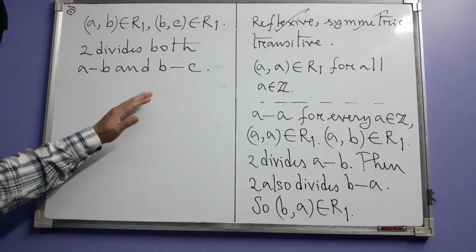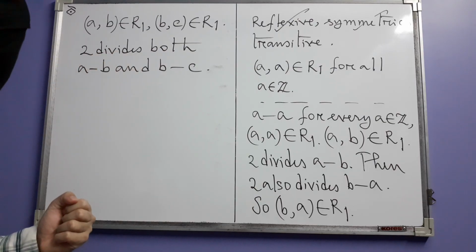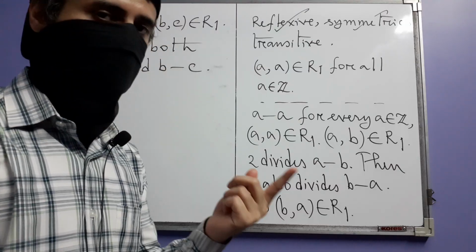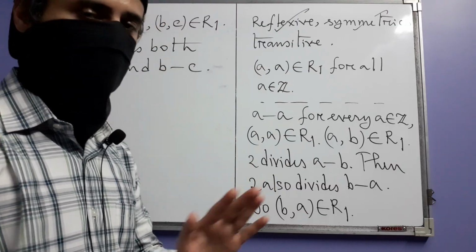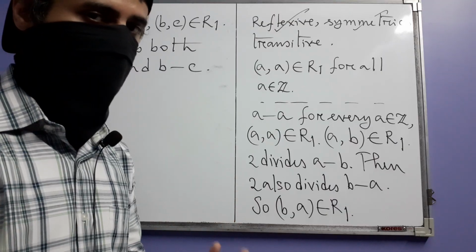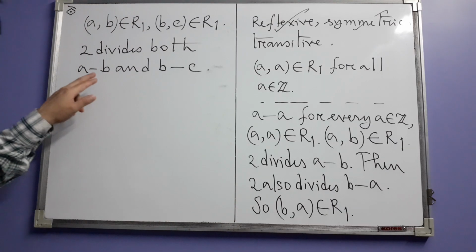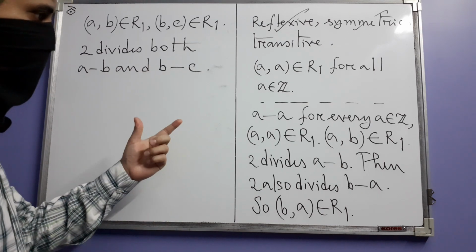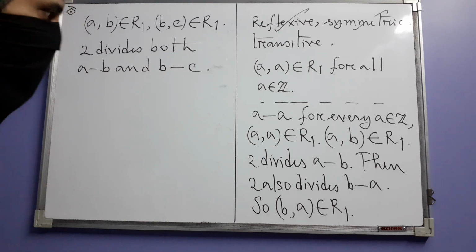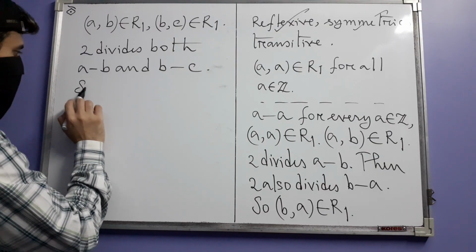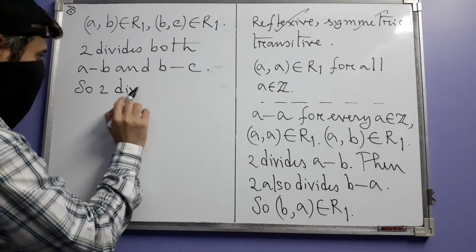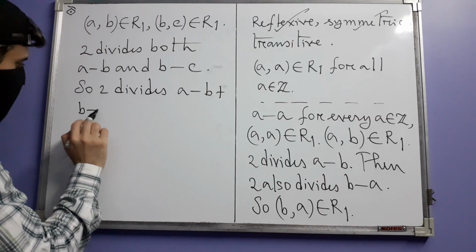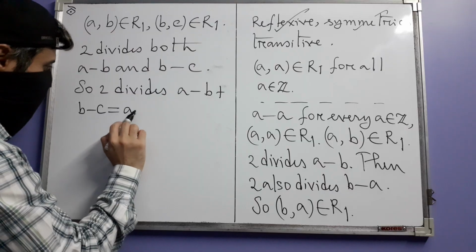Actually, there is another way of expressing this sentence, or in fact the definition of the relation itself. Instead of saying 2 divides a minus b, you can also say that a minus b is an even integer. So now we have 2 even integers, a minus b and b minus c. So their sum will also be an even integer. That is a minus b plus b minus c, which however is a minus c.